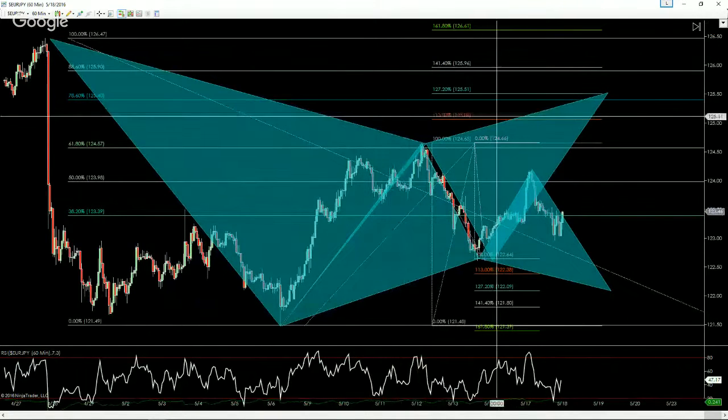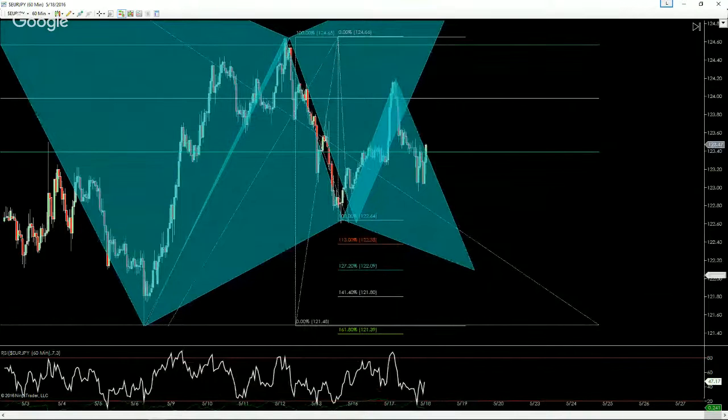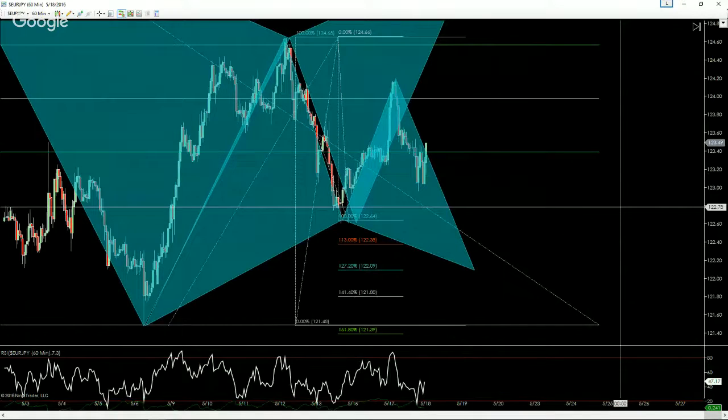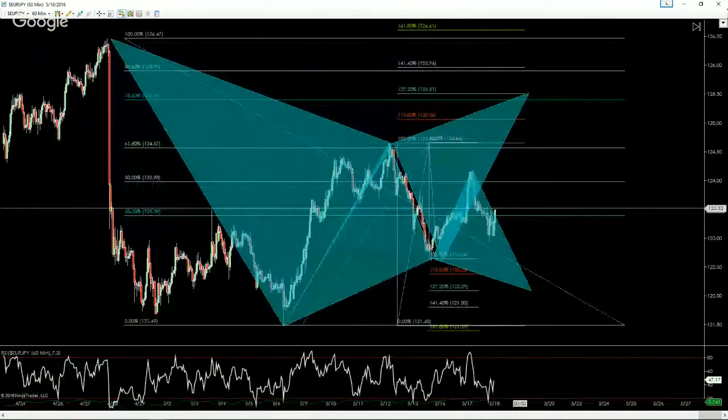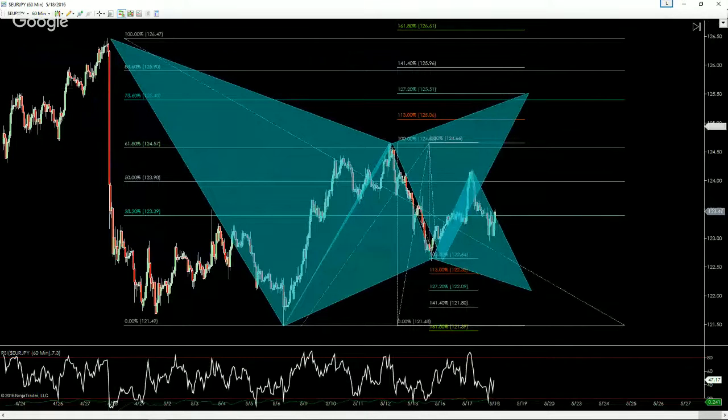So those are two patterns that you can take advantage of. If price comes down to here first, you can take advantage of both. However, if price does come up to this 127 extension first, completing our bigger Gartley pattern, this would invalidate this smaller Gartley pattern right here.